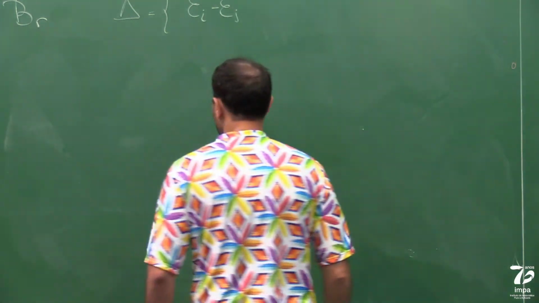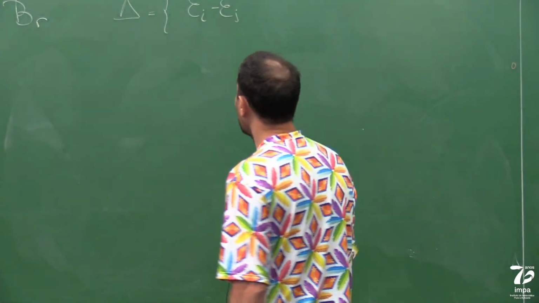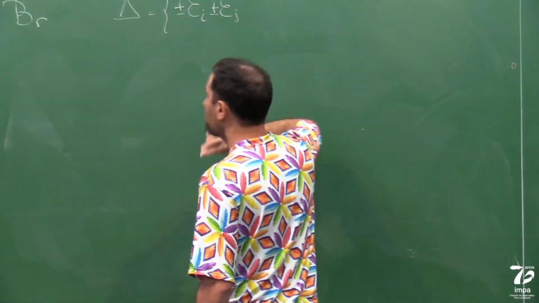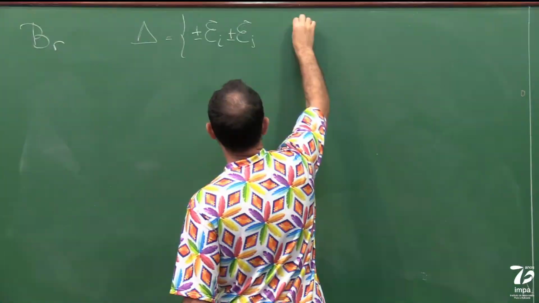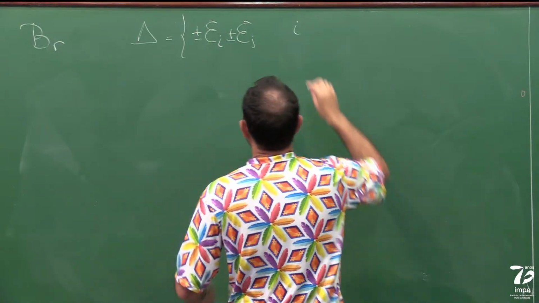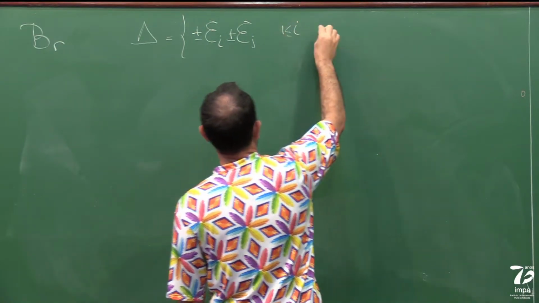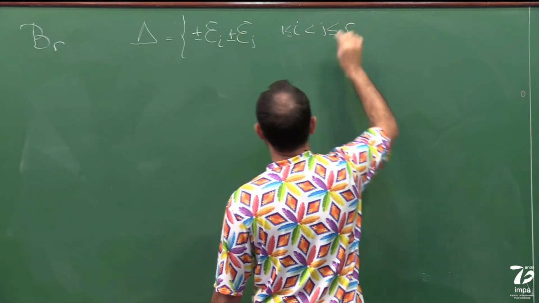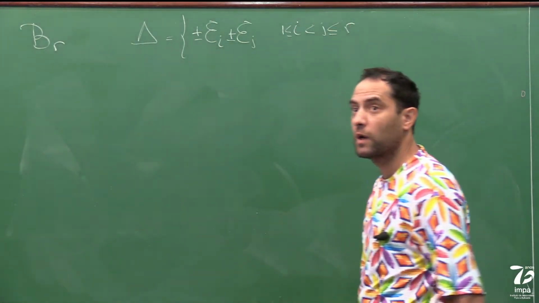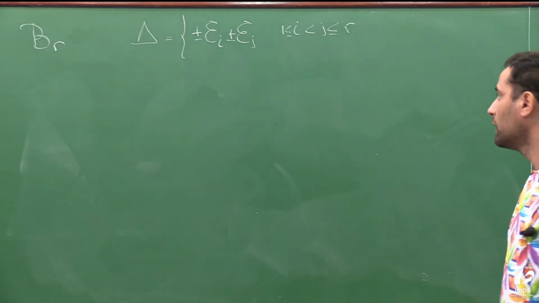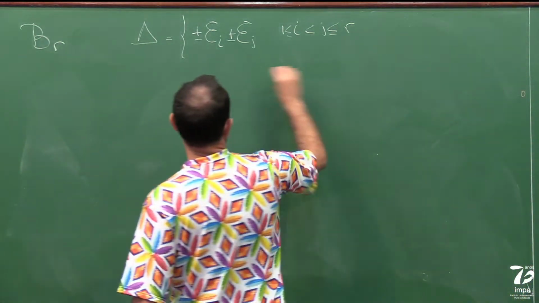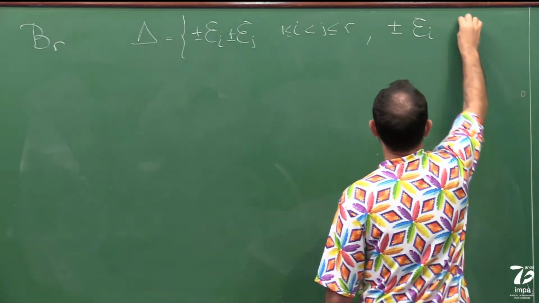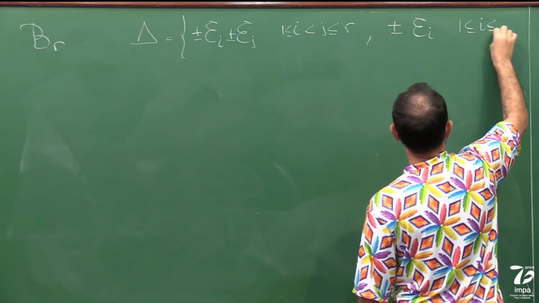So the same things that we have for A_r, it's just that now we're going to have arbitrary signs for these things, where 1 less or equal than i less than j less or equal than r. So it's no longer r plus 1 here. But we also have plus or minus epsilon_i, where 1 less or equal than i less or equal than r.